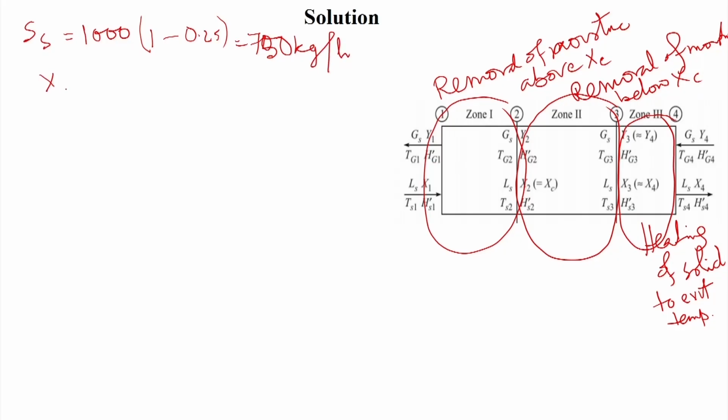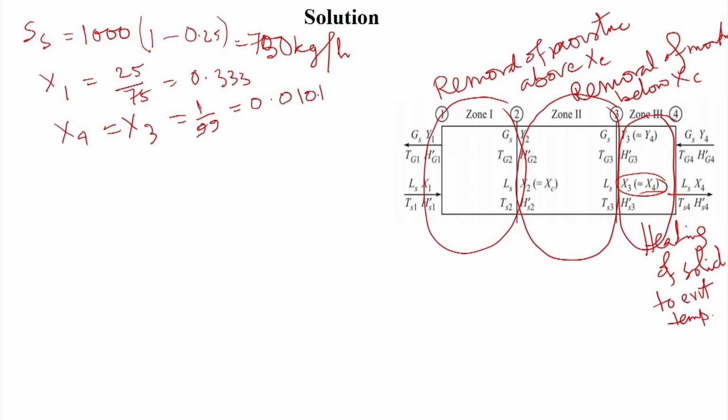Then X 1 will be 25 by 75, that is 0.333. X 3 and X 4 are both the same when it exits, because after that the moisture content does not change. So X 3 is equal to 0.0101, and X star, the equilibrium moisture content, is almost 0.